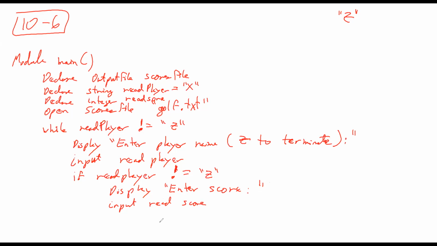And I'm going to write this to the file. So then I'm going to say write scores file, which remember that's this file here. So write scores file. And we need to write two things. So it's going to be read score and read player.